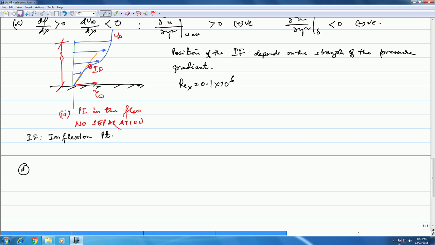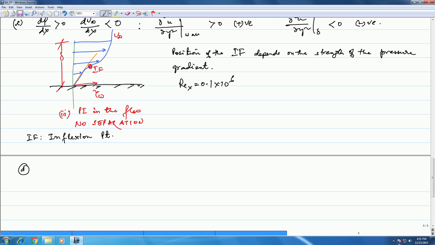The important thing, however, is that we can say the flow will separate only when the inflection point is within the flow. That's one thing we know. But we need to know where in the flow it will be located. It depends on the strength of the pressure gradient.